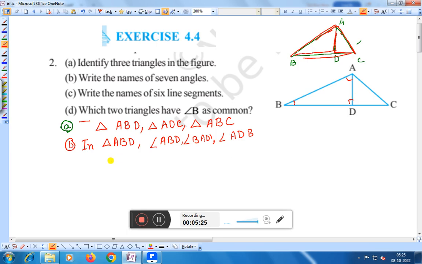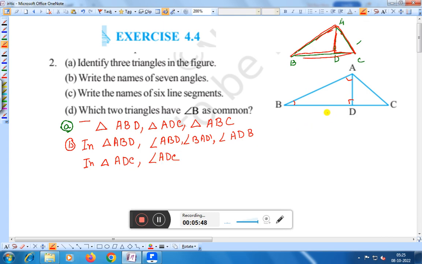Now in triangle ADC, what are we getting? Angle ADC.